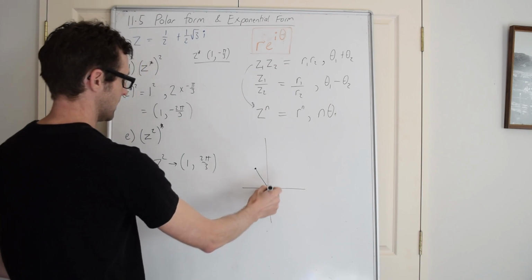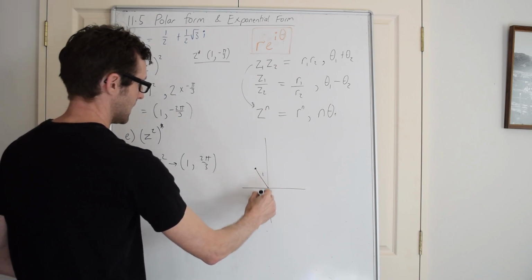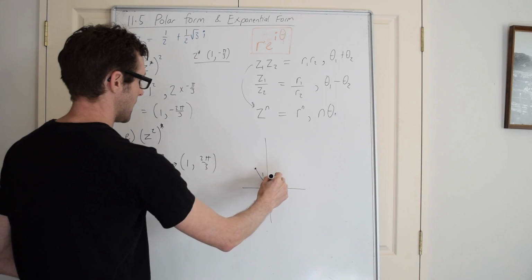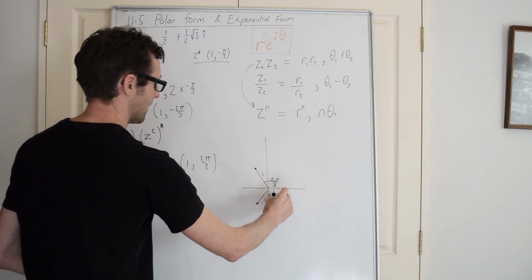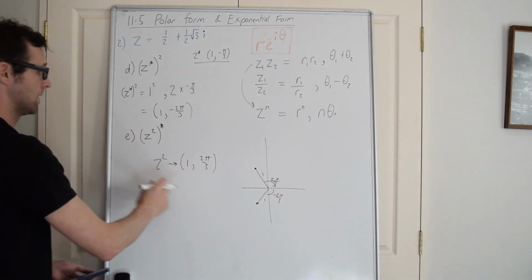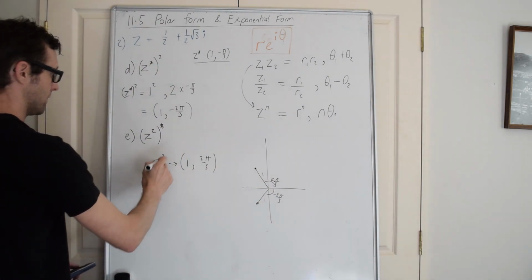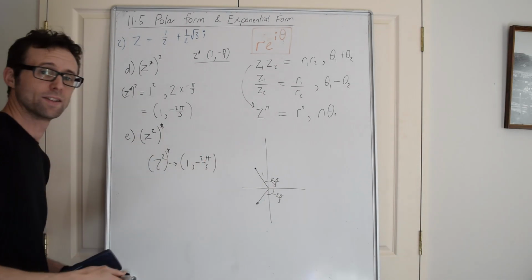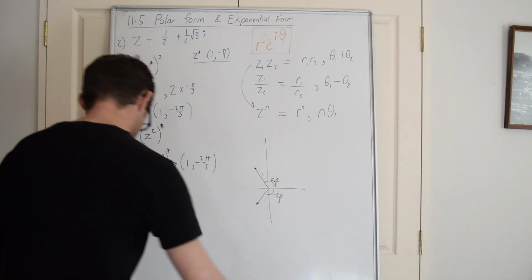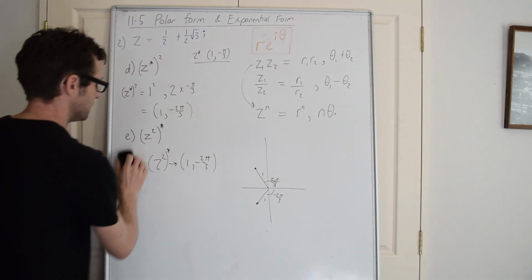So it'll be a length of 1 again, but the angle, instead of being 2 pi over 3, will be minus 2 pi over 3. So I would give Z squared star, and I'll just put a minus there. That's that one. Okay, well, let's move on.